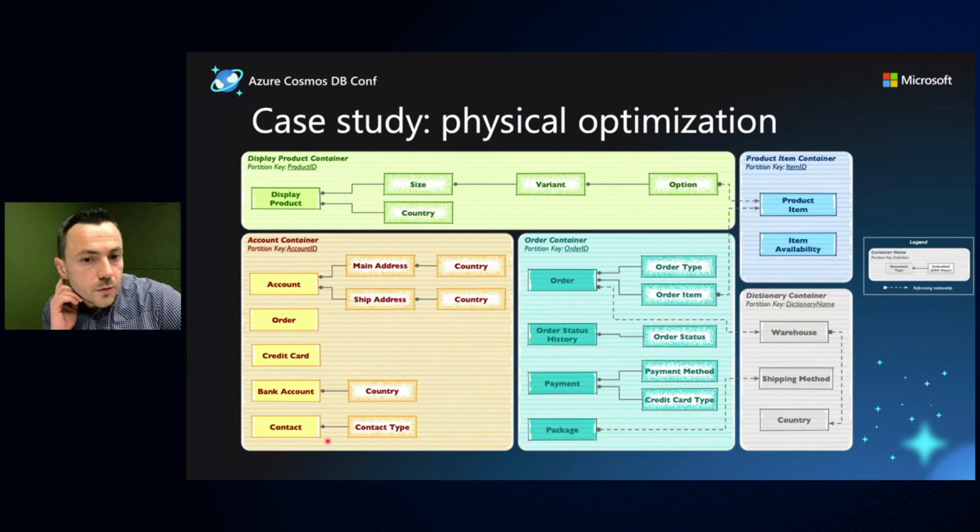Applying these techniques to our particular use case, what can we do? For one, a big thing we did here is duplicate the orders information into the account containers. That allows us to query different orders by account ID, and we don't need to do cross-partition queries for all the orders by a particular account.